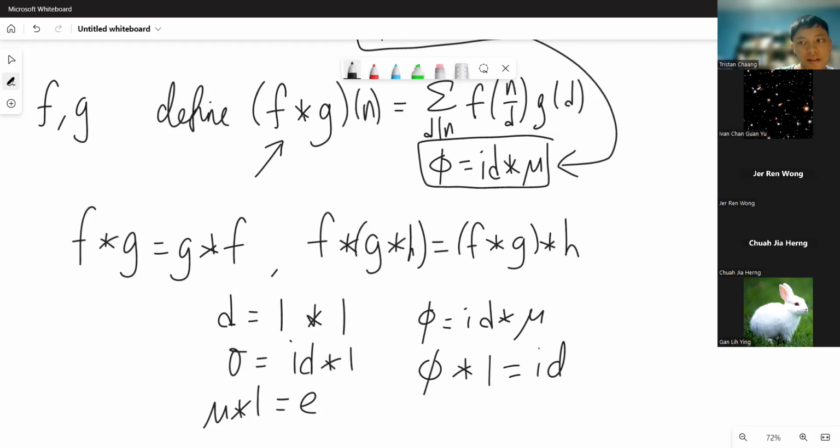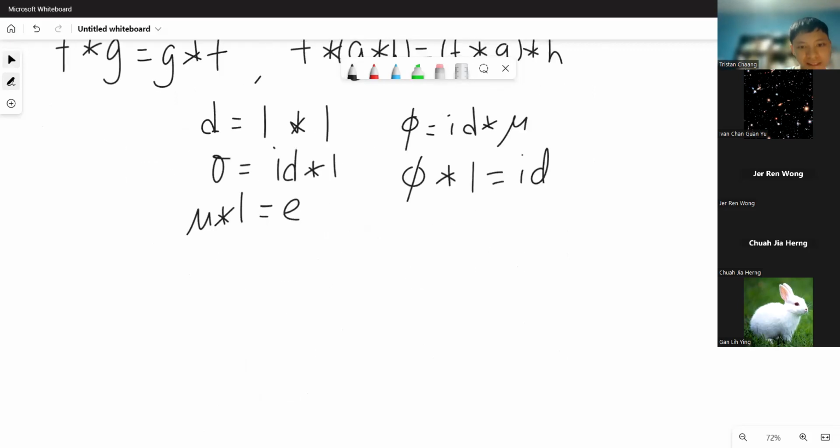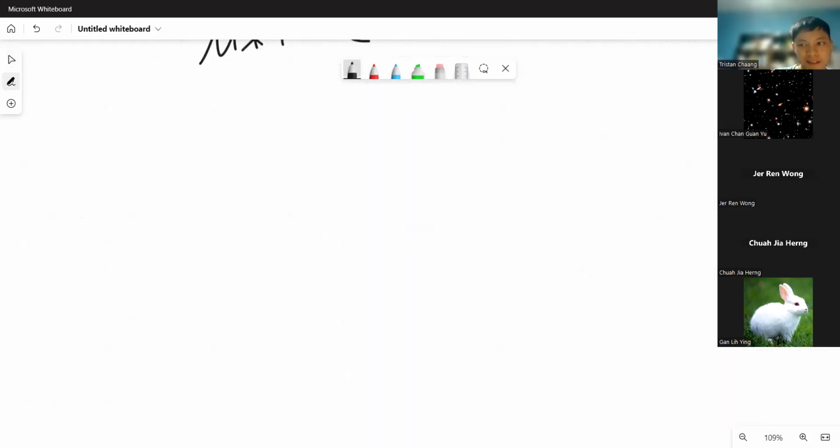So let's just see if we can solve a problem using convolution. Let me see if I've taught enough things that allow us to solve this problem. So what I want to do is add up all of the numbers that are less than or equal to n, coprime to n.